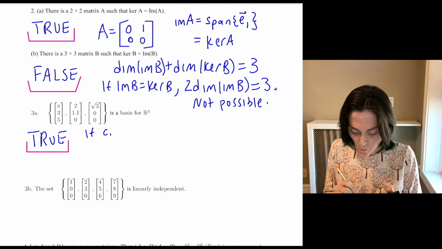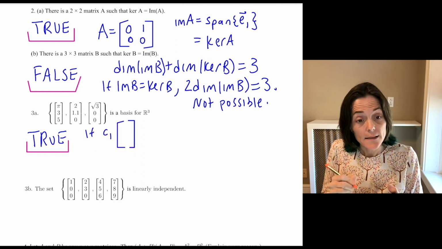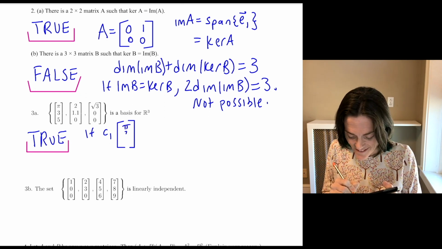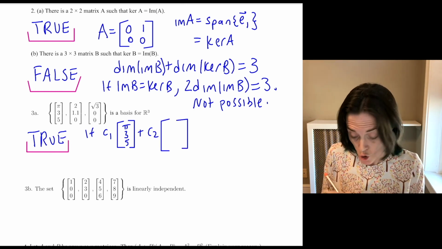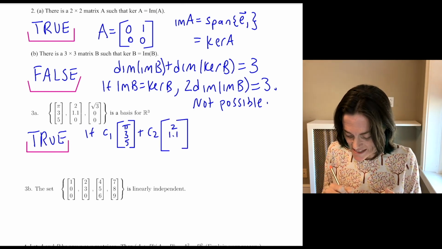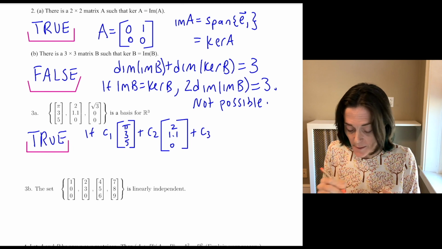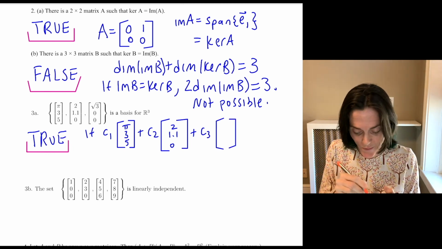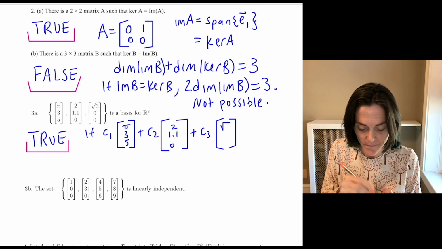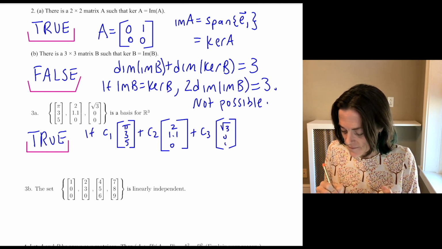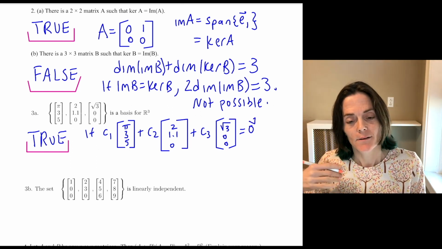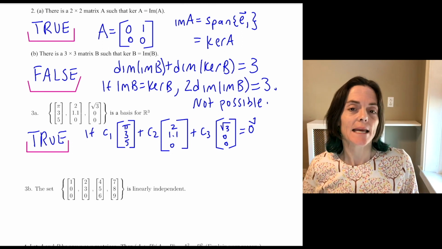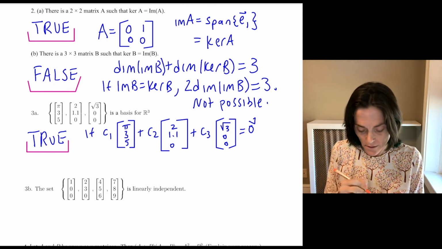If you take C1 times the first vector, this is pi, 3, 5, plus C2 times the second vector, 2, 1.1, 0, plus C3 times the third vector, square root of 3, 0, 0. And this equals the 0 vector. So what we're trying to think about is, or justify, the only linear relation is the trivial relation.